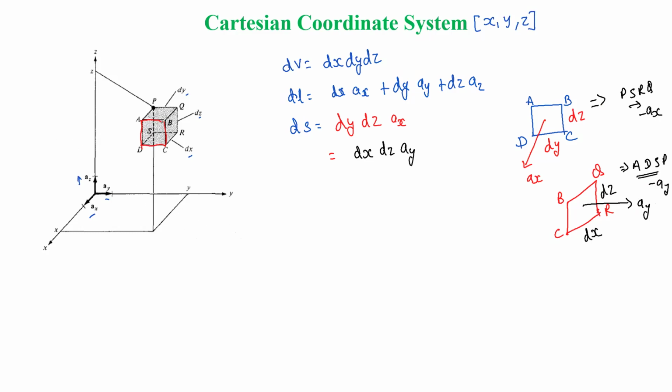Now one more different surface we have here. So we'll take the top one. Top and bottom, both opposite, are the same. So one top one we are going to take. What is the name of that one? You can observe here ABQP. For ABQP, what are the dimensions? AB is the same as dy.